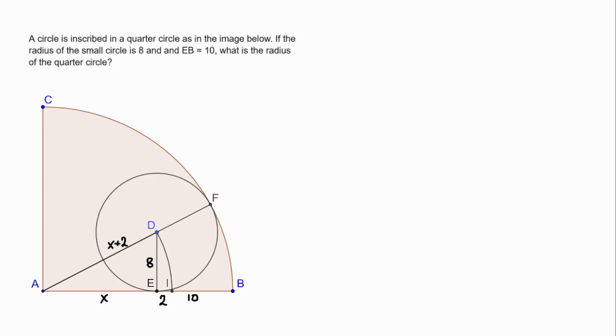And now we can simply solve this equation that we get from Pythagorean theorem, which is that x plus 2 squared is equal to x squared plus 8 squared. And now I won't really draw out equivalence arrows or anything like that, just every step on a new row. So if we expand x plus 2 squared, we get x squared plus 4x plus 4.